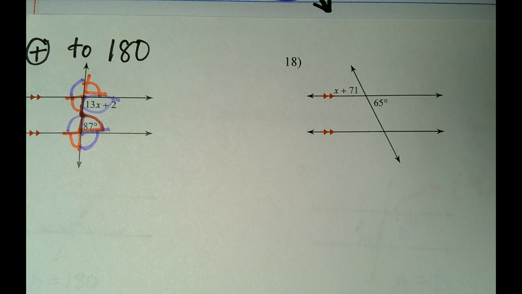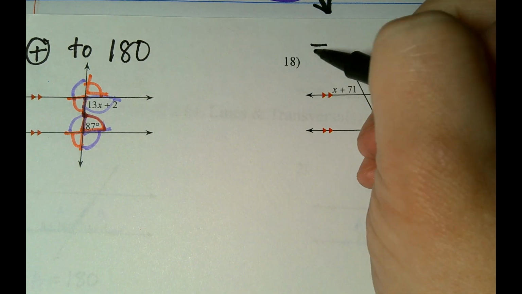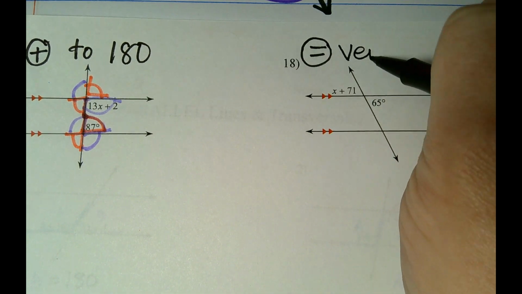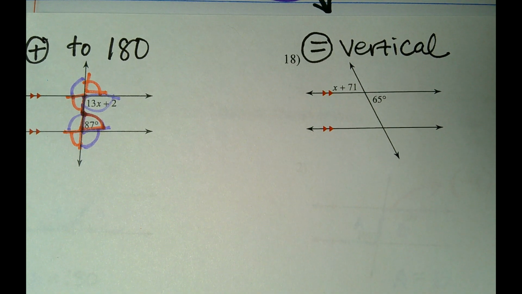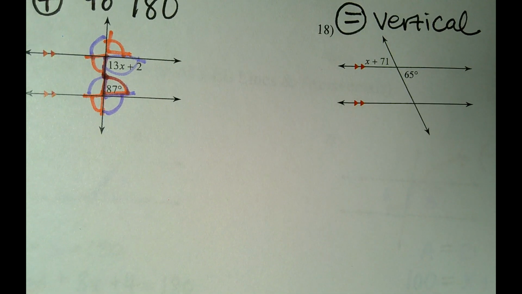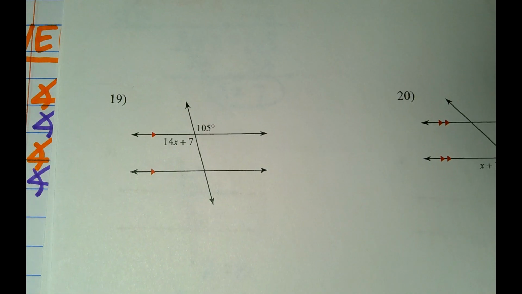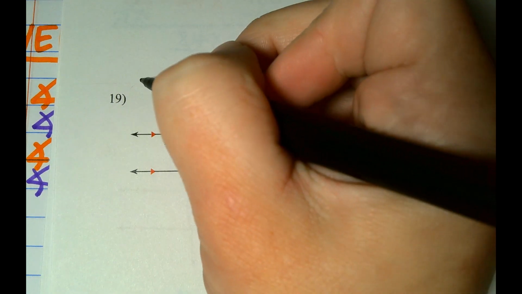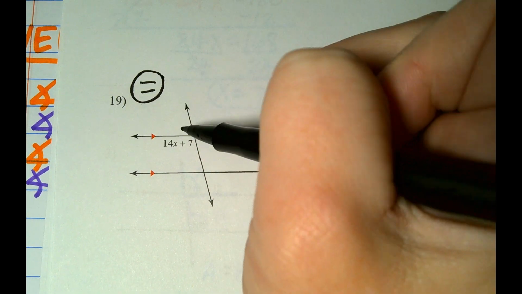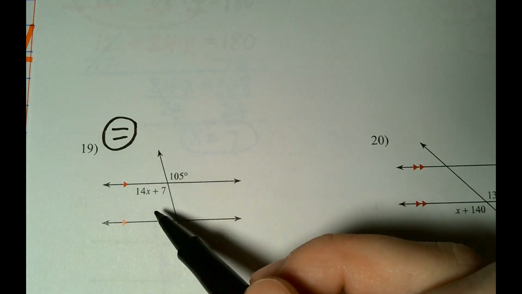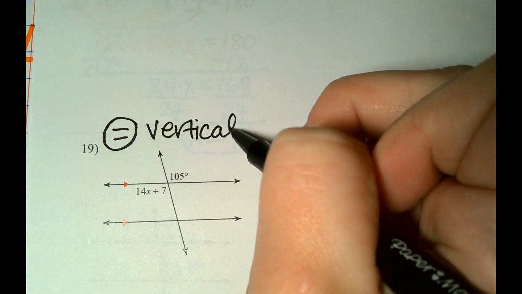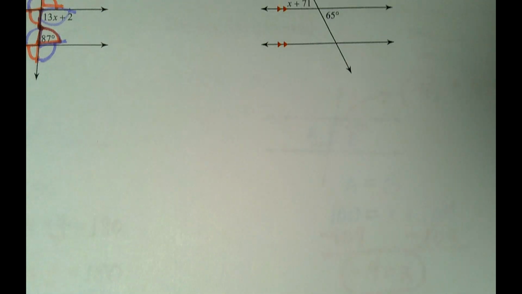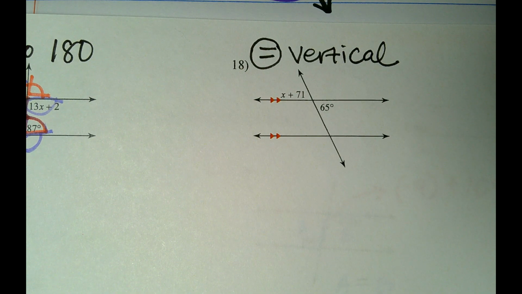Equal. What are those called? Vertical. Good. They'll be equal. How about 19? Equal. What are they called? Corresponding. Almost. Vertical. 18 was also equal and vertical.